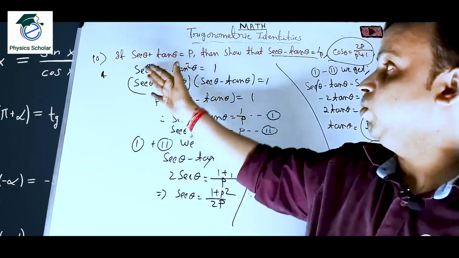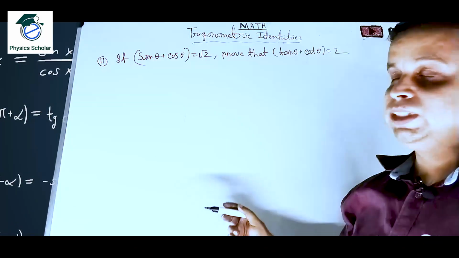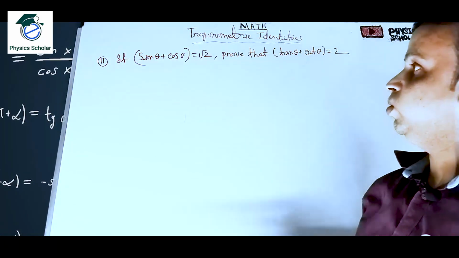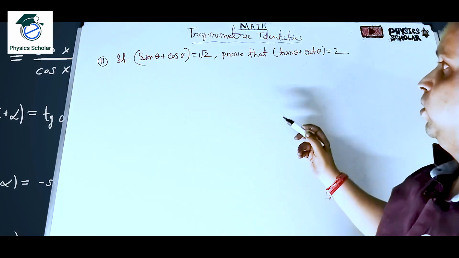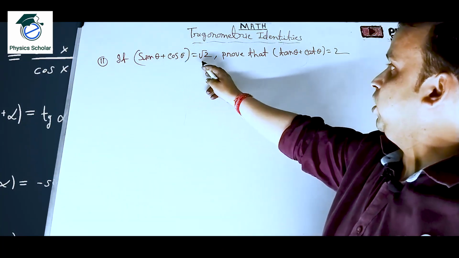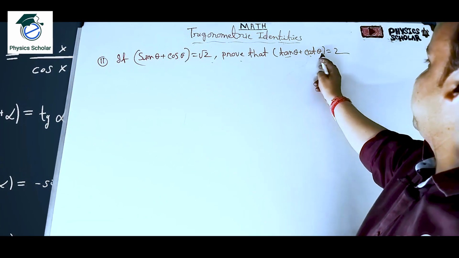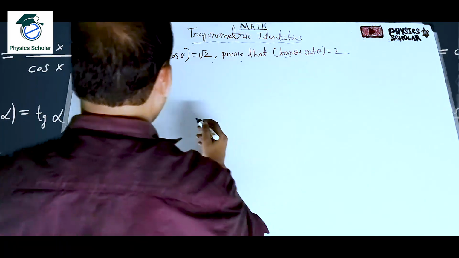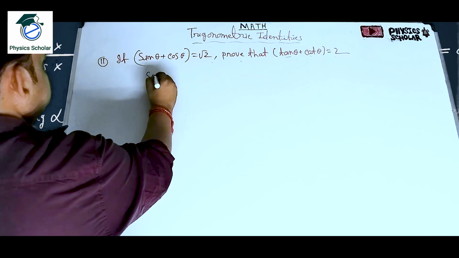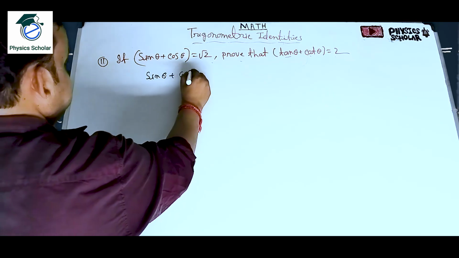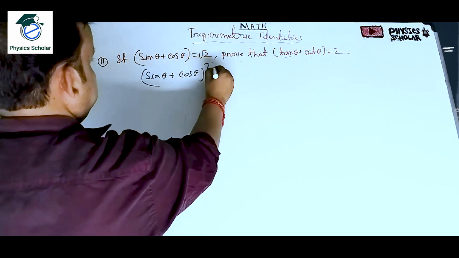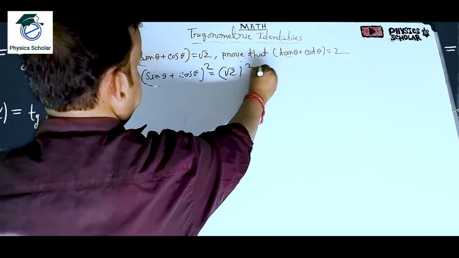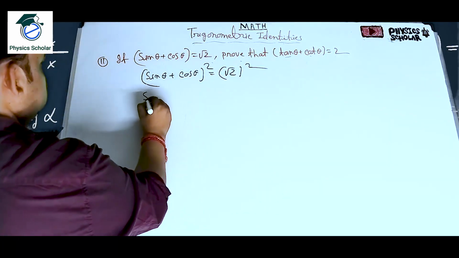Clear? Now let us move to sum number 11. If sin theta plus cos theta is equal to root 2, then we have to prove tan theta plus cot theta is equal to 2. So what can we do? Sin theta plus cos theta whole square is equal to root 2 square, squaring both the sides. Now what is the formula?